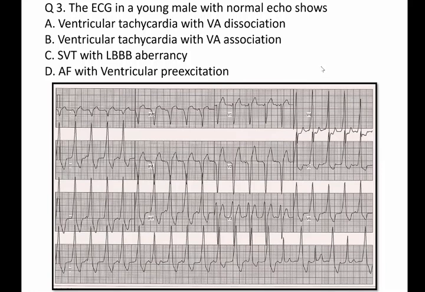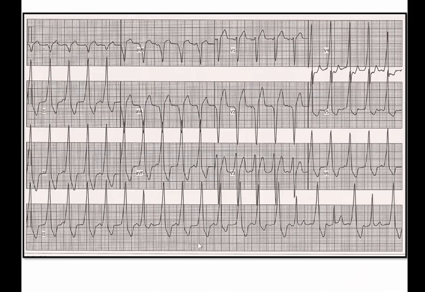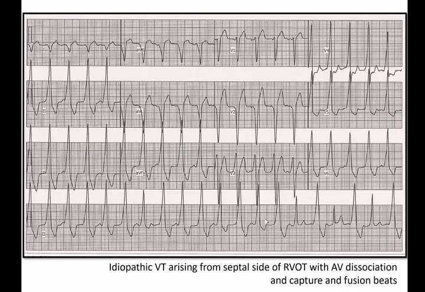And the morphology of this QRS actually tells you that this is arising from the outflow tract. So this is the ECG of a patient with idiopathic VT arising from the septal side of the RVOT with AV dissociation and capture and fusion beats.